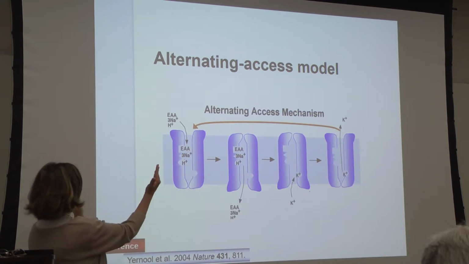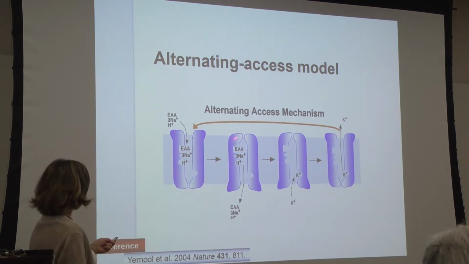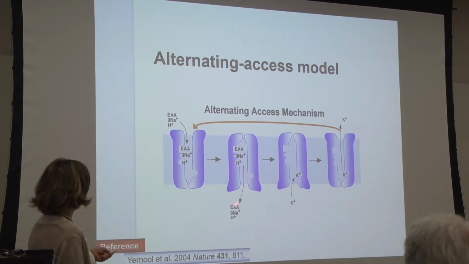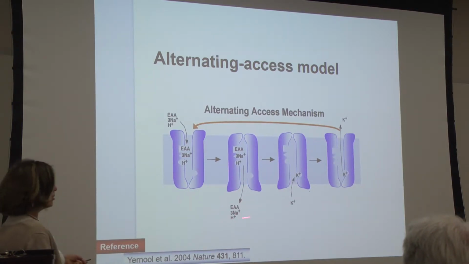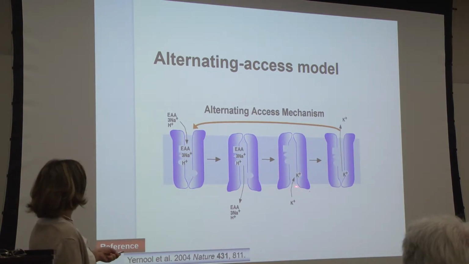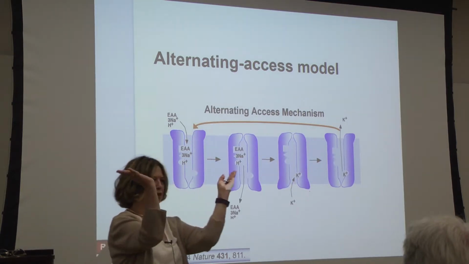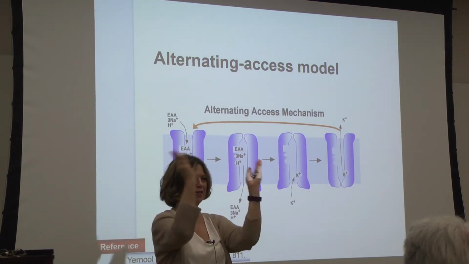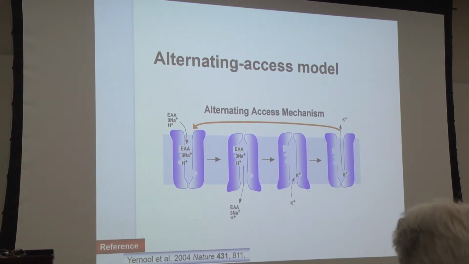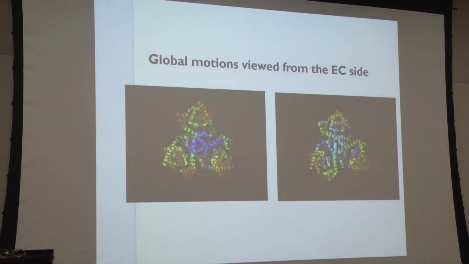And while it is in the outward facing state, this part closes down, and then there is a release of the cargo when it is inward facing, and then it goes back to outward facing. So alternating access means outward facing and then inward facing. So this type of motion, okay? So that's the general model for transporters, but you'll see that in this case it's a little bit different.